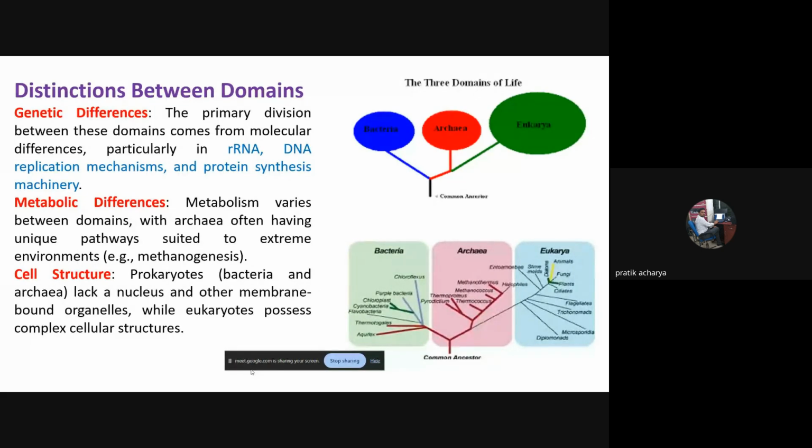Metabolism is also affected by environmental conditions. Since the archaeal group faced extreme environmental conditions, their metabolism was also reshaped accordingly. And cell structure is obviously another important distinguishing point. Prokaryotes, bacteria and archaea, lack a nucleus and other membrane-bound organelles, while eukaryotes possess complex cellular structure. So these are the basic differences between these groups of organisms.